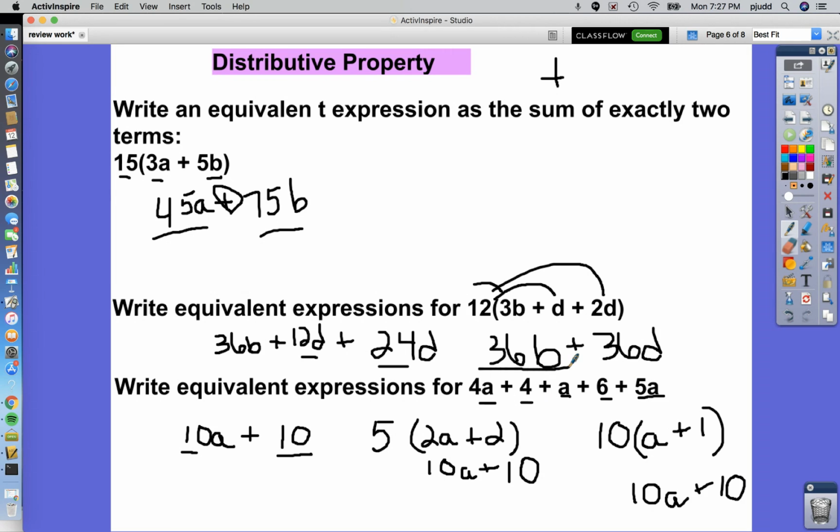Well, let's take a look at this one here. Can I do the same thing with this? If this is 36B plus 36D, what could I factor out?